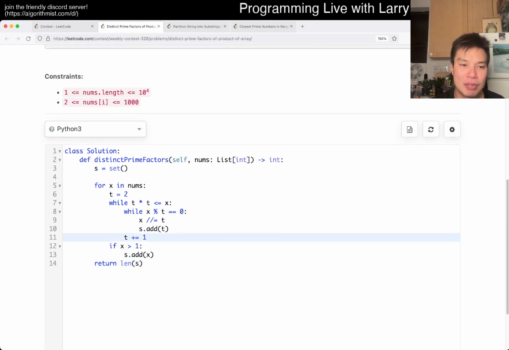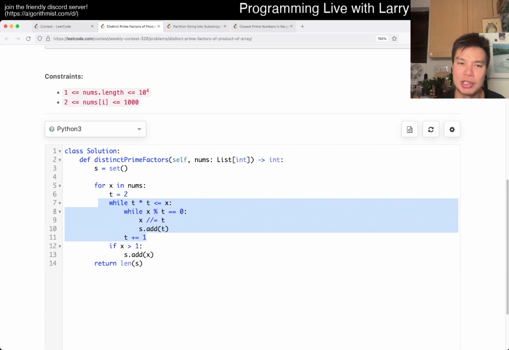That's pretty much it. So what is the complexity of this algorithm? Obviously, this iteration is O of n. And here, as I said, it's going to be O of the square root of the range, where the range is 1,000.